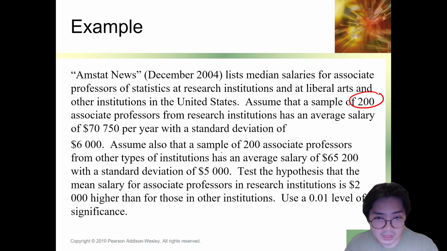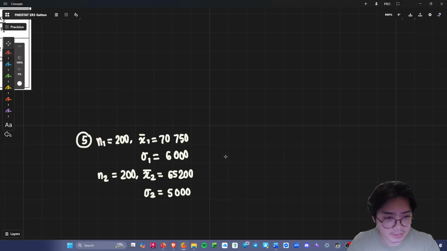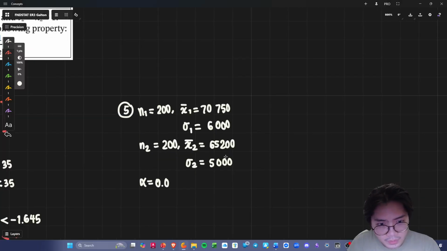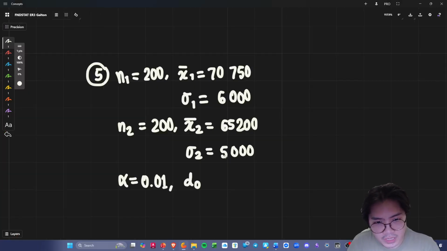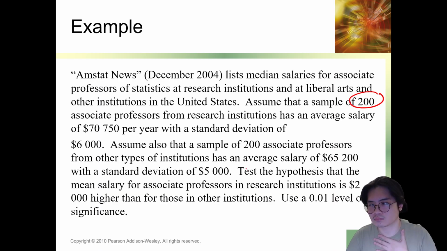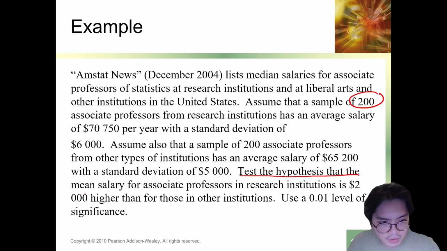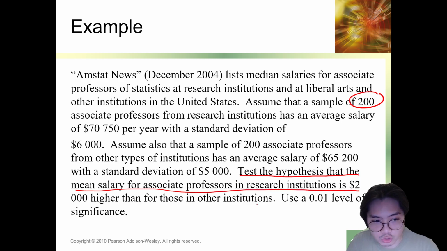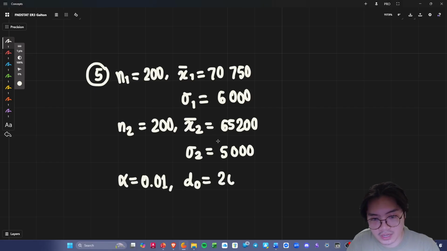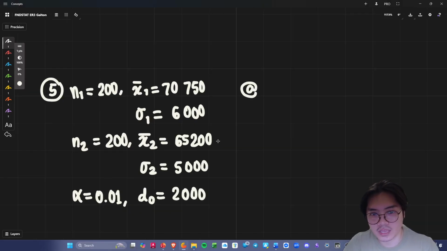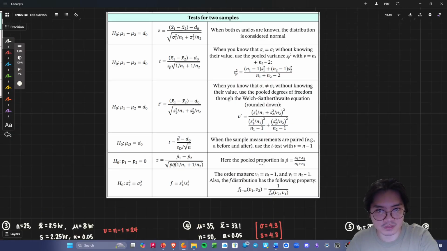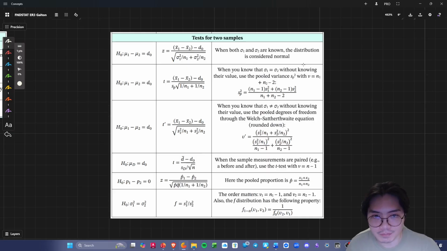Now, use a 0.01 level of significance. Suppose we could also just put in here the thing that we want to test. Test the hypothesis that the mean salary for associate professors in research institutions is higher. 2,000 is our magic number, enough for us to get our test statistic. If you're boggled by all of this, you can just consult the help sheet right here.